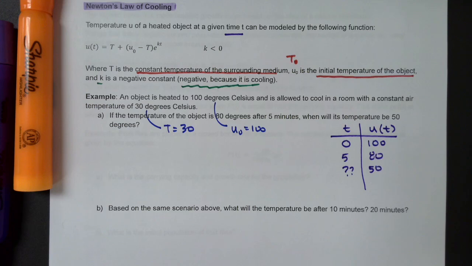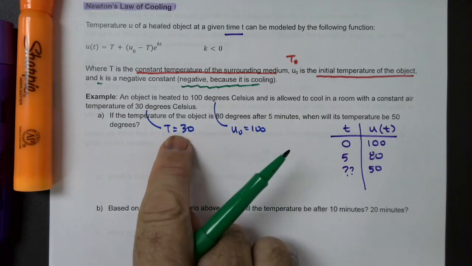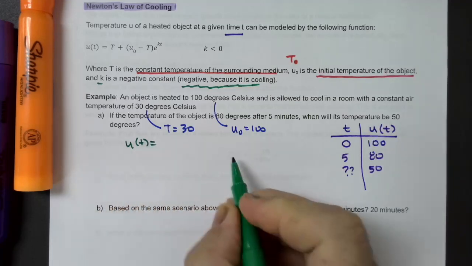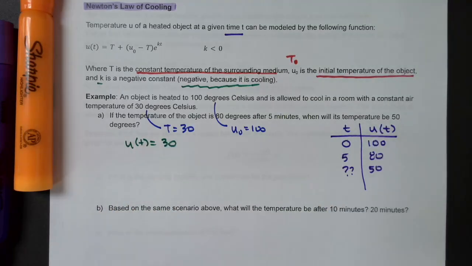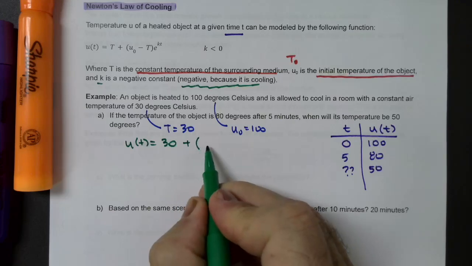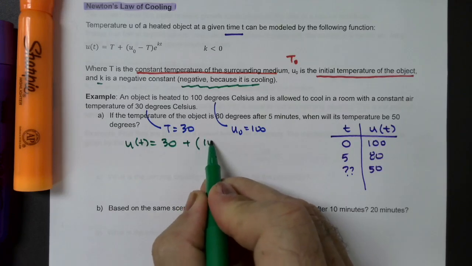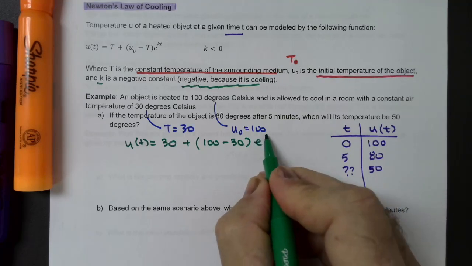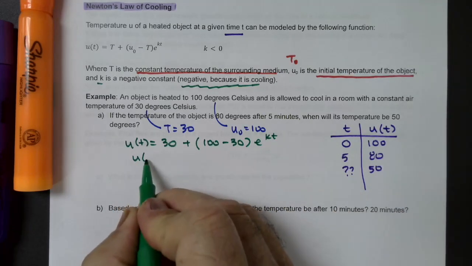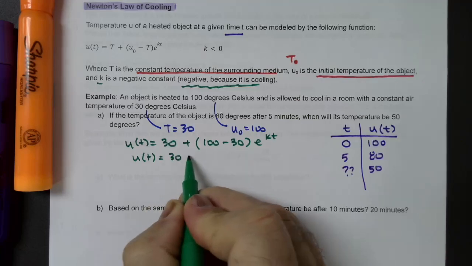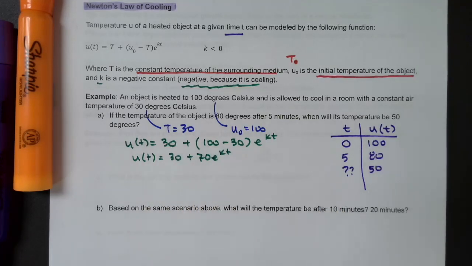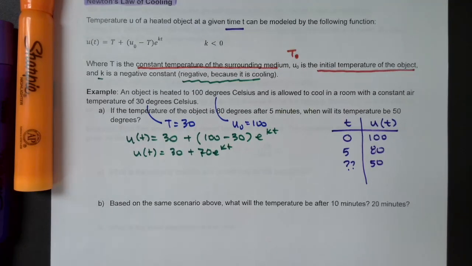From the very start, we can actually substitute in some of this information. U of T will equal the surrounding temperature, plus the initial temperature minus the surrounding temperature, times e to the kt. Or let's just put this as 30 plus 70 times e to the kt. So we got that right from the start.